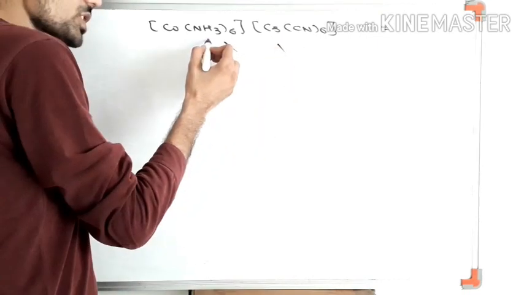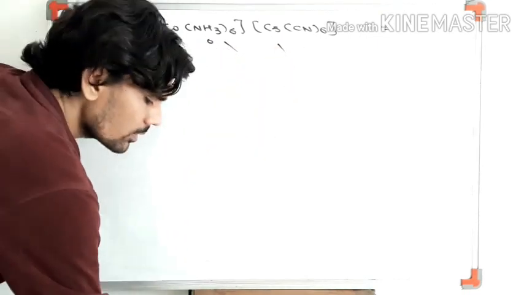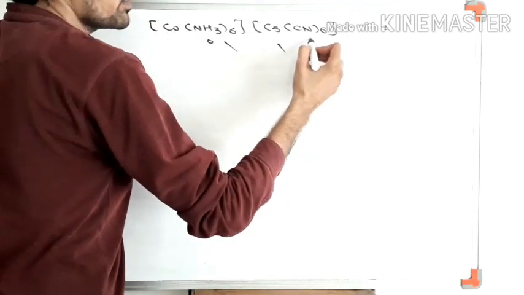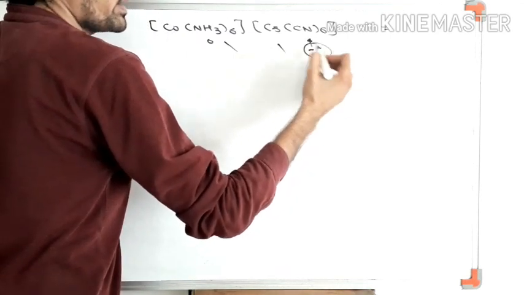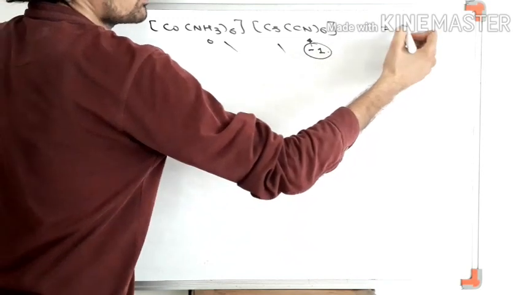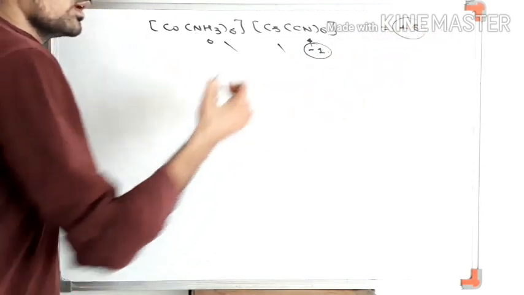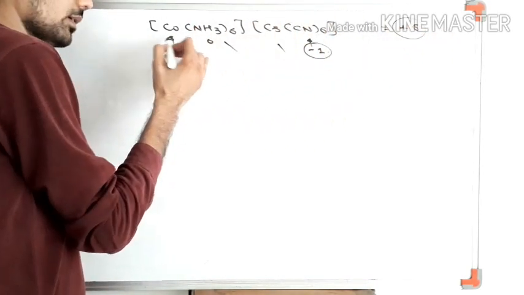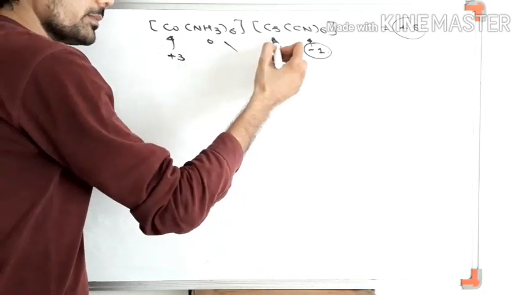The oxidation number of ammonia is 0. The oxidation number of CN is -1. -1 6 times is -6, so the other side is +6. You have to divide equally, so +3 and +3.